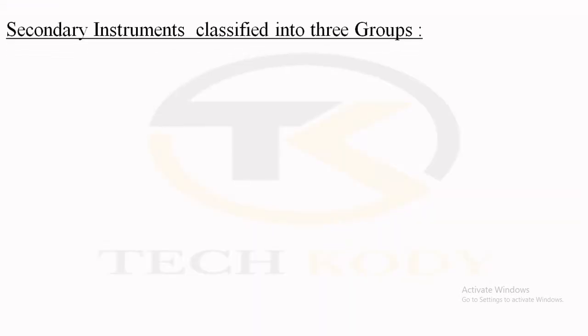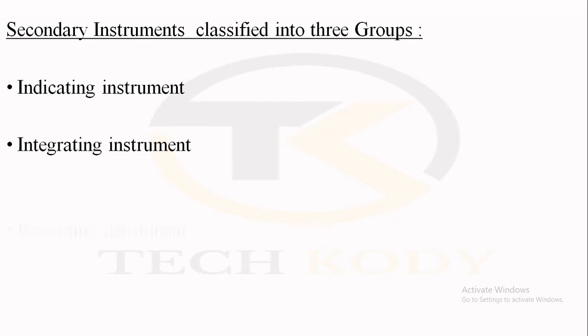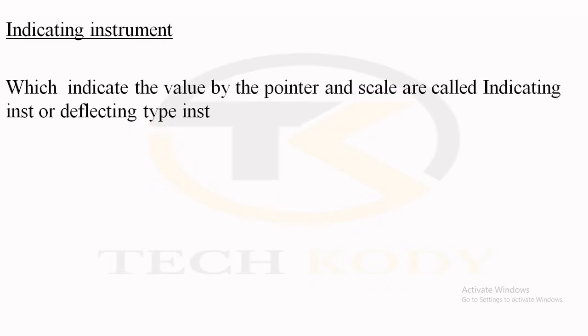The secondary instruments are classified into three types. One is indicating instruments, another one is integrating instruments, and another one is recording instruments. First one is indicating instruments. These are instruments which indicate the value by a pointer and a scale, called indicating instruments or deflection type instruments.